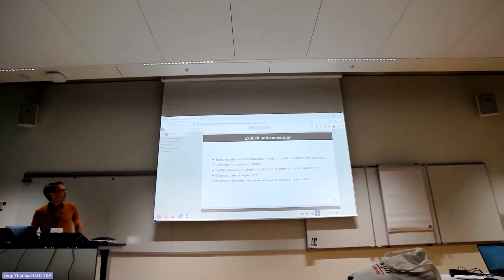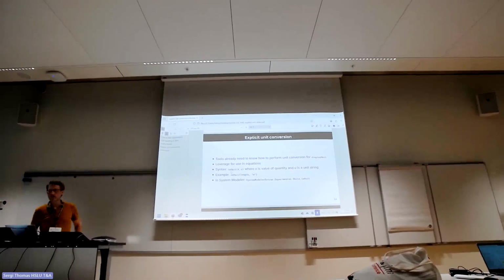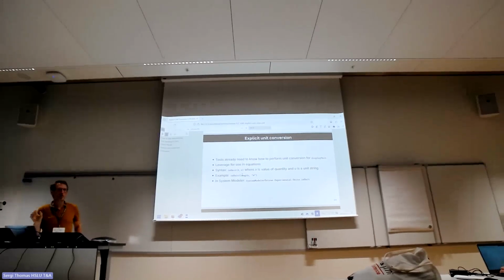So we're proposing a syntax, and Hans had it on his slides too, some sort of syntax for converting the value of quantity x to the unit u. So our length, if we want to be able to add something in meters, if we make sure we explicitly convert the length to meters, then it will be fine to add 0.5 meters to that, even without implicit unit conversion, because we are explicitly making sure that it will work.